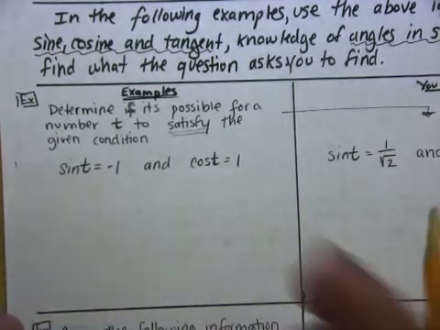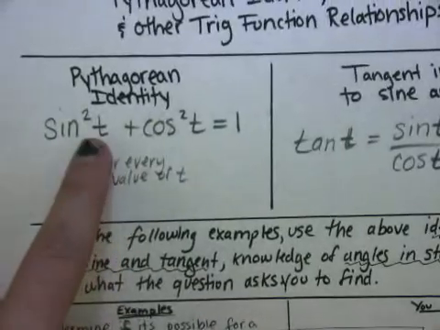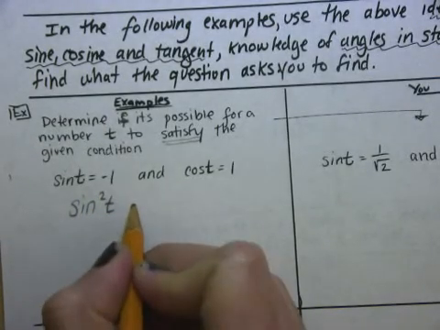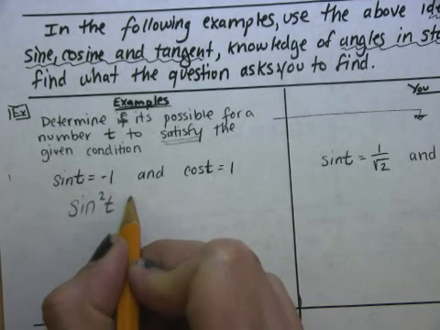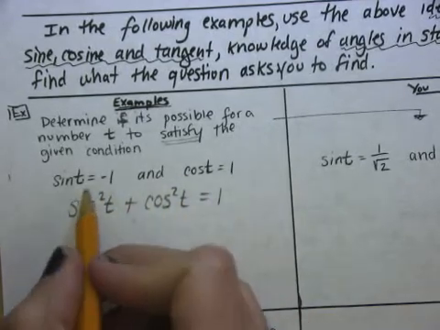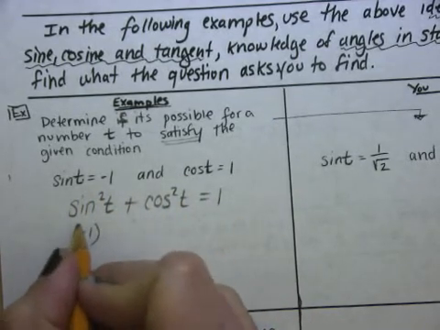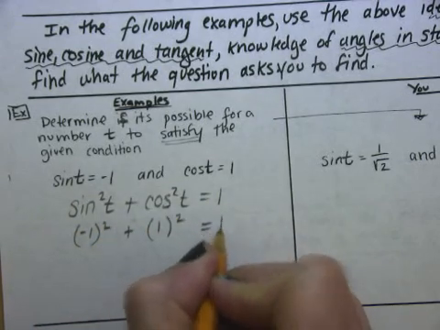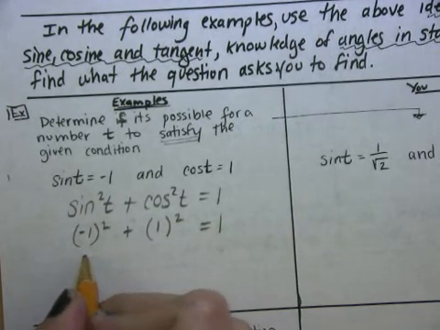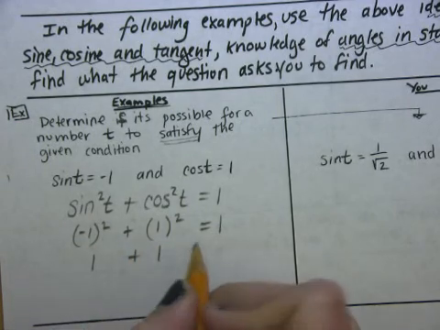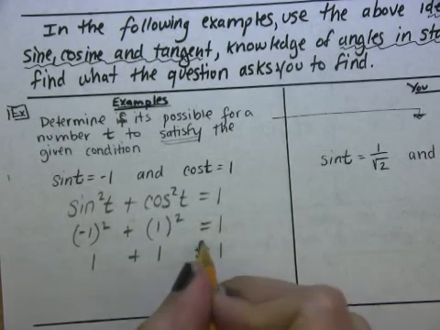So to check that, we have to ask ourselves, well, if it does, then it will satisfy the Pythagorean identity. So in this case, we'll use our Pythagorean identity to test to see if it's true. So does sine squared of t plus cosine squared of t equal 1 if we plug in these values? So if sine equals -1, can cosine equal +1? Well, if it can, then this identity will hold true. -1 squared is 1, +1 squared is 1, and does the sum equal 1?